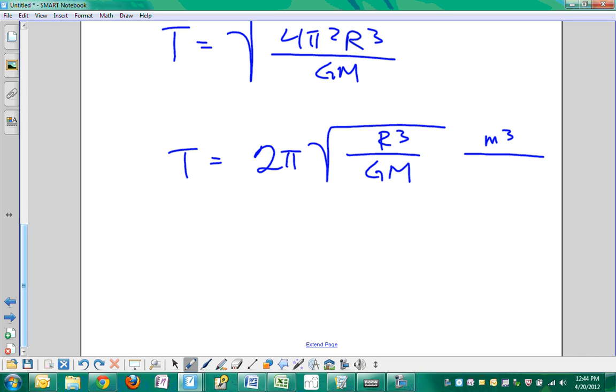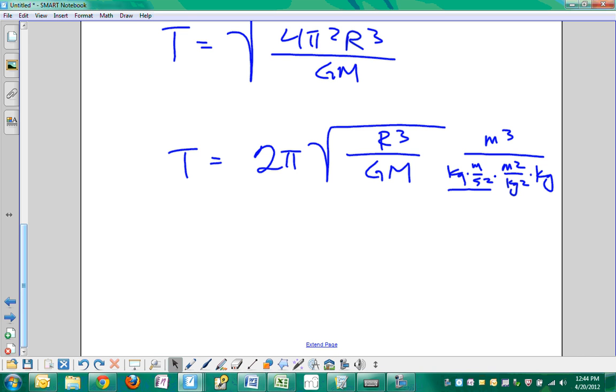And then we're going to divide by G, which is Newton meter squared per kilogram squared, right? So a Newton is a kilogram meter per second squared. So that's the Newton. Kilogram squared per meter squared per kilogram squared, sorry. Meters squared per kilogram squared. And so now we have that's G, and then M is going to be mass, so what's that going to be?